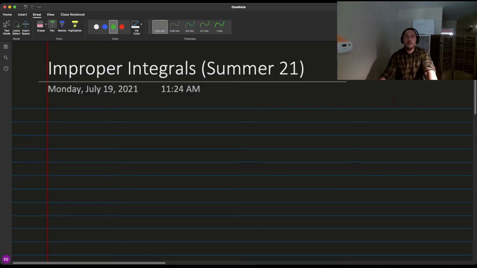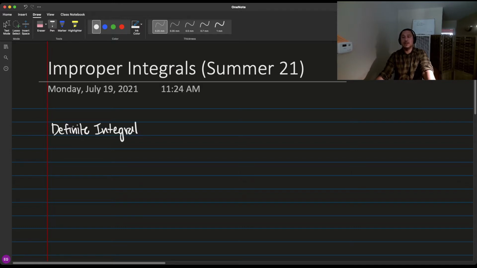So I guess we should contrast the improper integral first with a definite integral. A definite integral is when you have an integral from a to b of f of x dx, and very importantly, f of x is continuous on your interval [a, b].